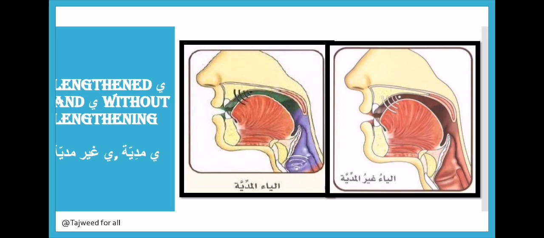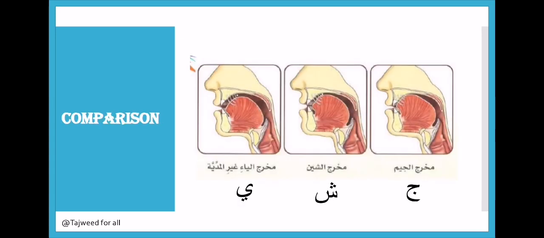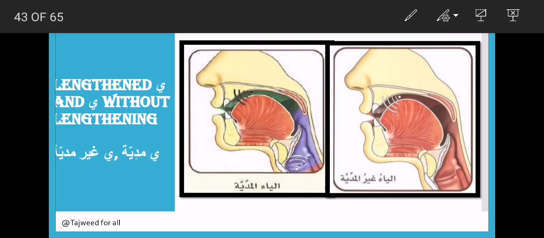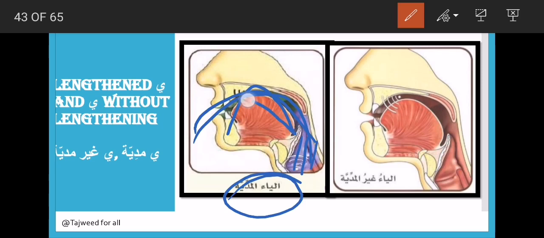Now I will show you the difference between the ya madiyya and ya mutaharrika, meaning ya ghayru madiyya, ya without any mad. As you can see here in the picture, in the ya madiyya, where is the sound coming? The sound is using the jawf also, along with the tongue. But for the ya ghayru madiyya, that means the ya with haraka, ya yu, only this part.